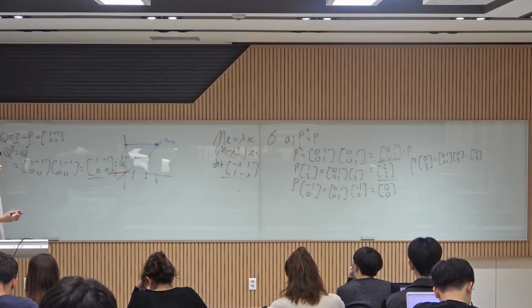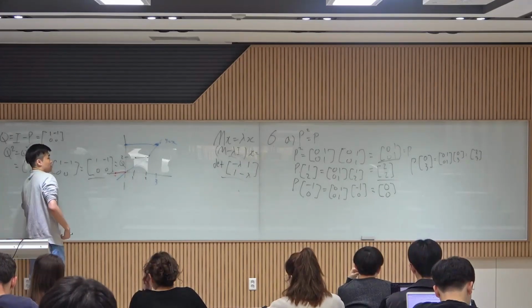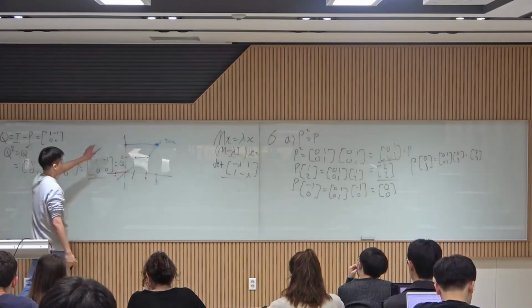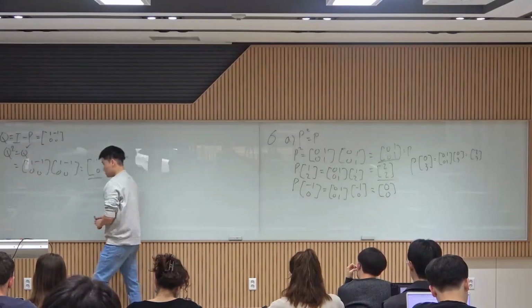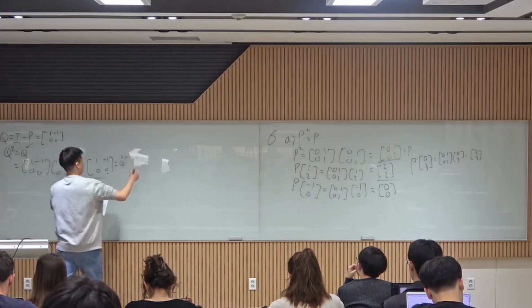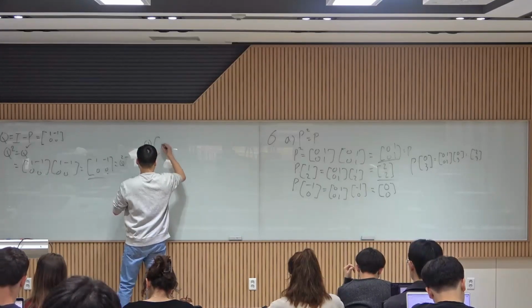We want to find out where the projection of the three points with respect to Q goes, okay? So it's basically the same step. So Q times (1, 2).